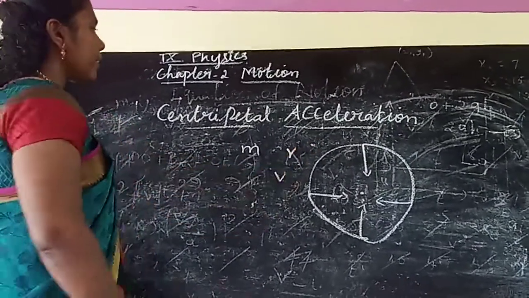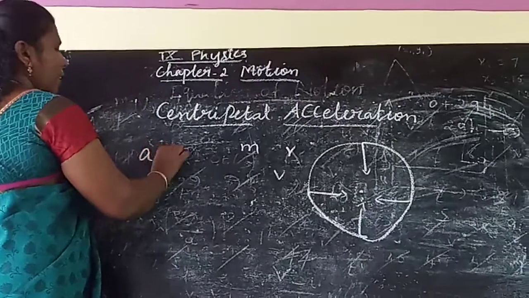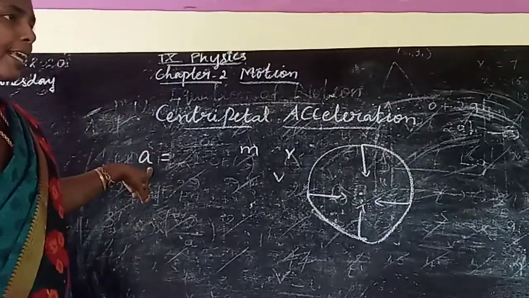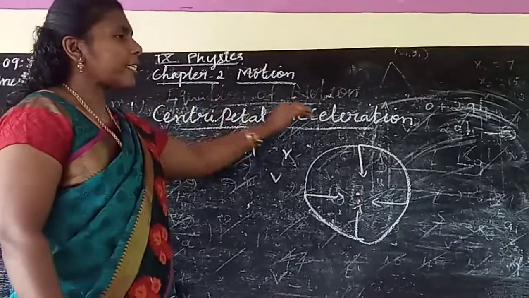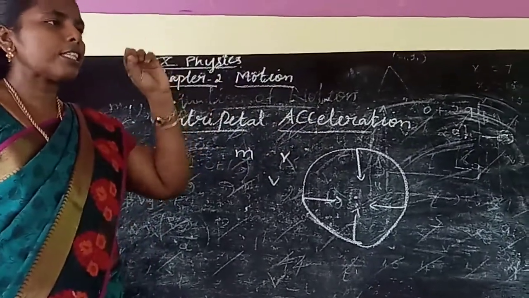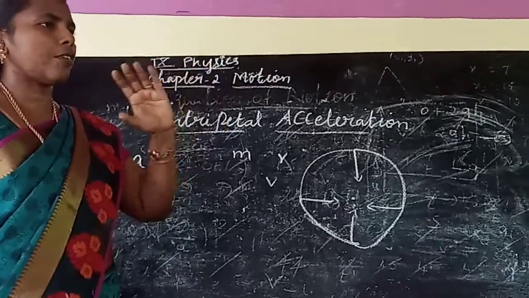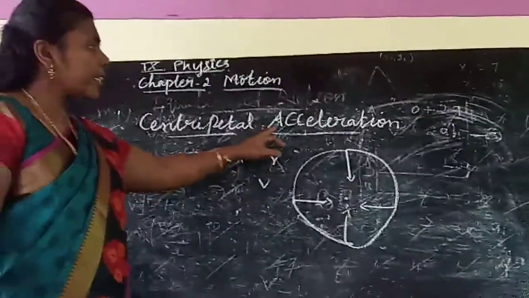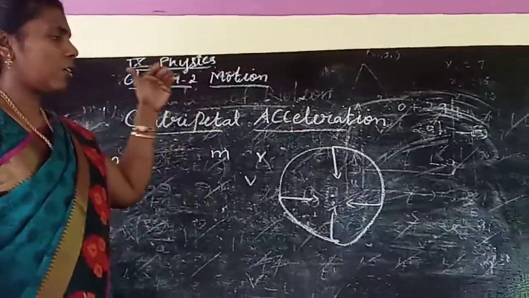Now we can find the acceleration. Denote the acceleration by the letter a. Here it is centripetal acceleration. Acceleration, as all of you know, means change in velocity divided by time, or rate of change of velocity. We learned acceleration in the last class.